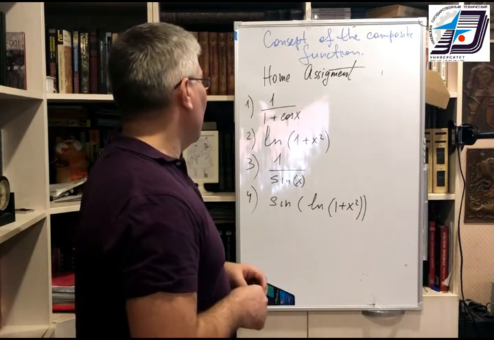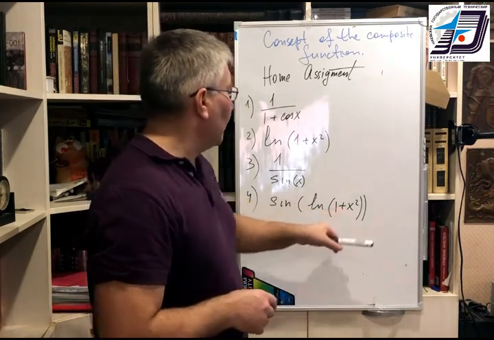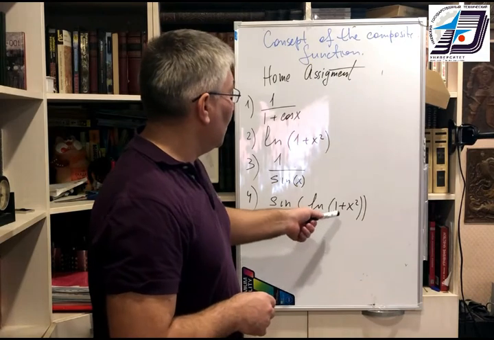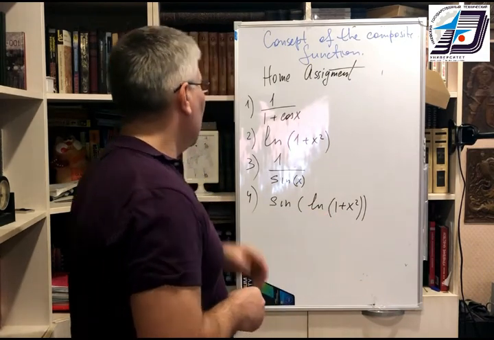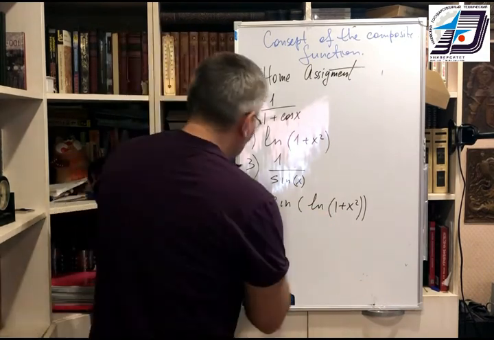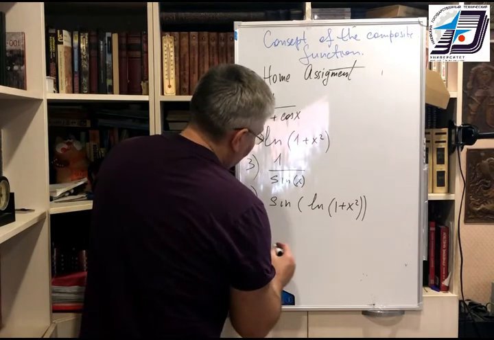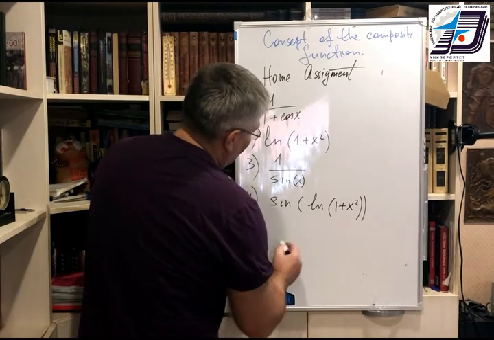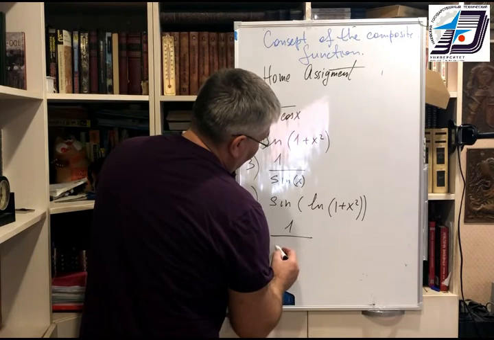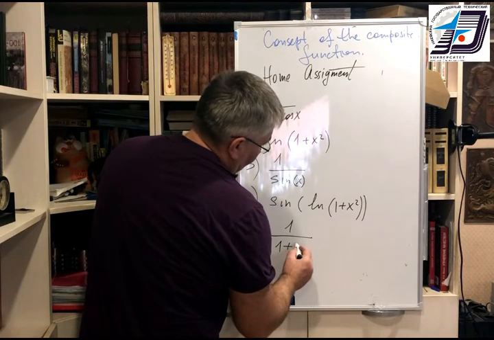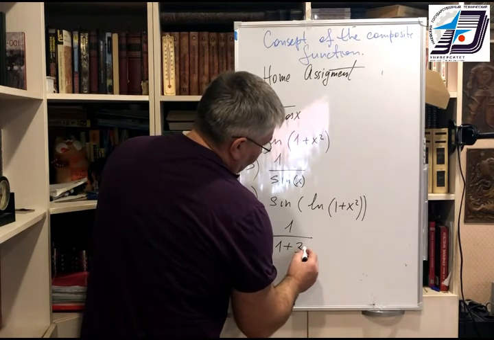And sine of logarithm ln function of 1 plus x squared. And the fifth example here, for example, 1 over 1 plus 3x squared.